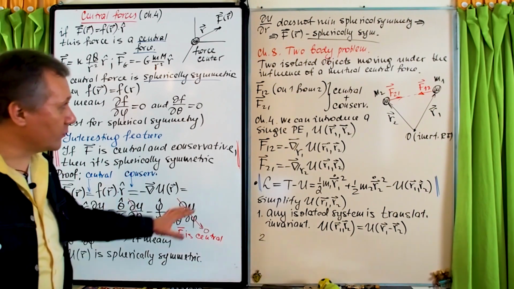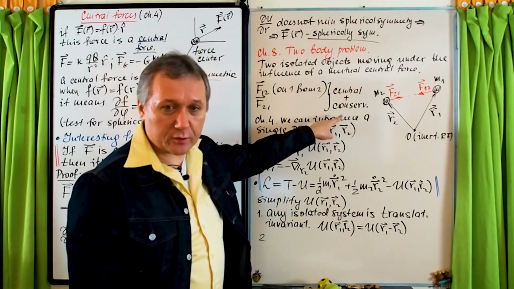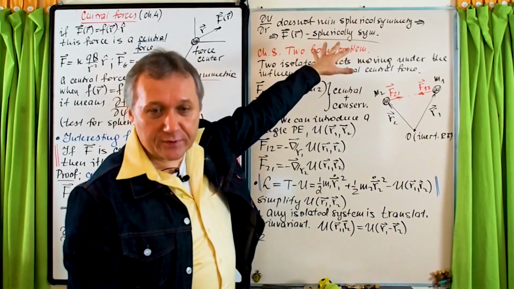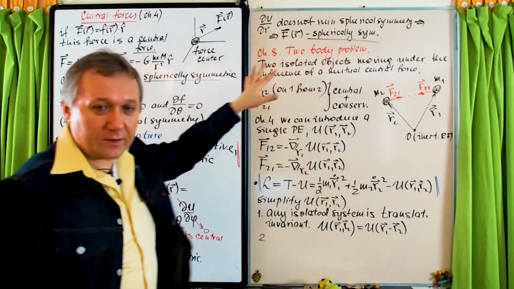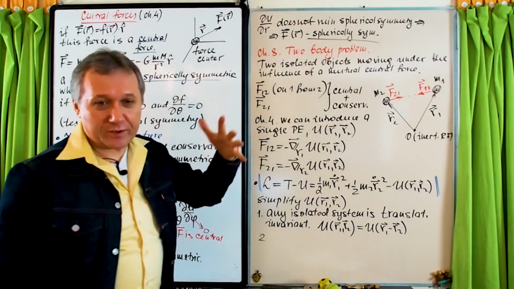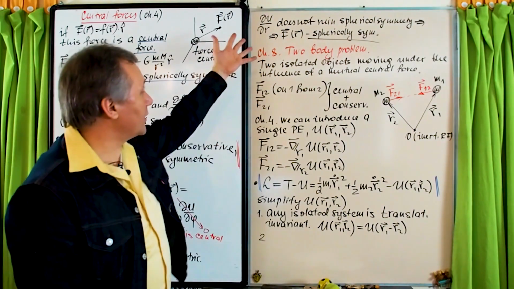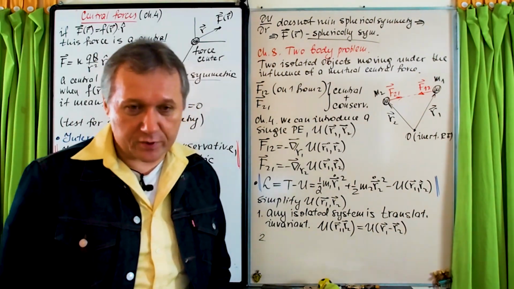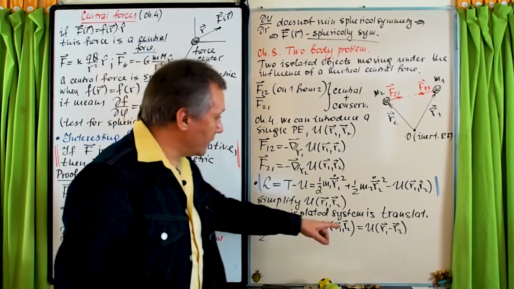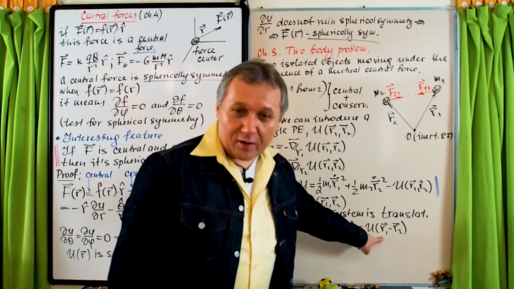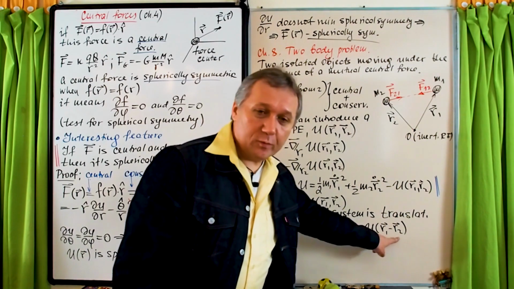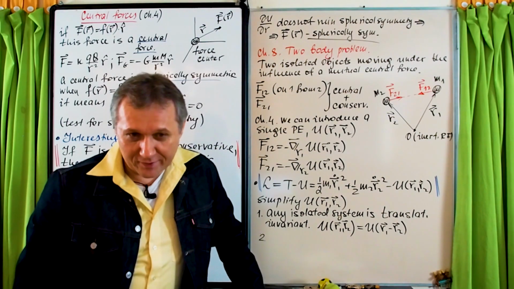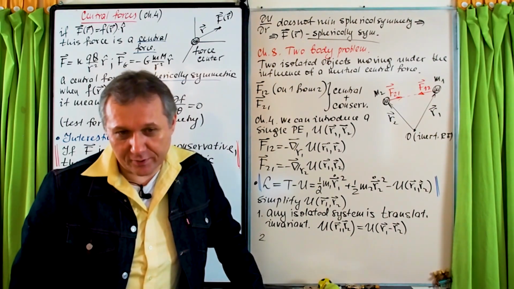We made the assumption that forces are central and conservative, and according to this proof, the force is spherically symmetric. Since force and potential energy are connected through the derivative with respect to r, as a result, instead of potential energy as a function of the vector R1 minus R2, we can write potential energy as a function of the absolute value of R1 minus R2, the absolute value of the relative position vector.